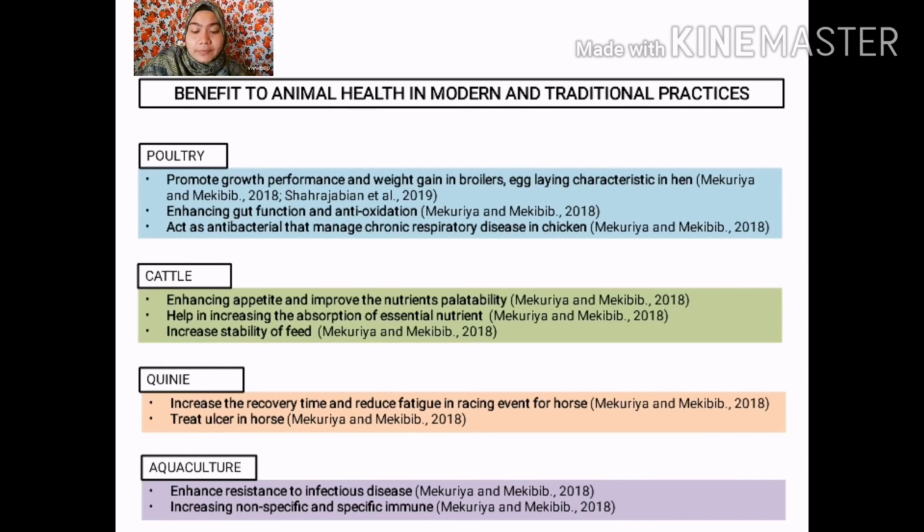In cattle, it enhances the appetite and it stabilizes the feeding. Next, in horse, especially for racing horse, it reduces the fatigue and it gives a short recovery time for them.